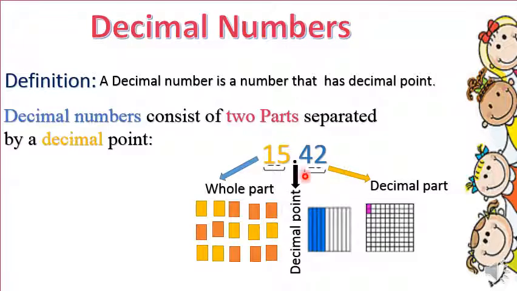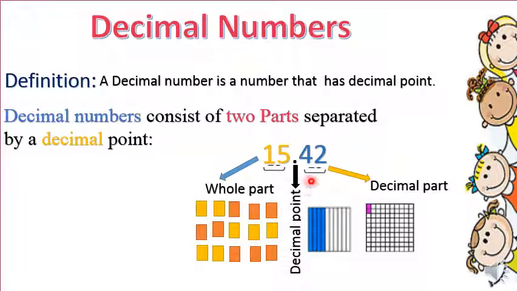Okay, so this quantity is very small and represents a part of one whole. If I draw one here, one more, 42 represents a part of this one whole. 4, the first digit in the decimal part, it's 4 out of 10.